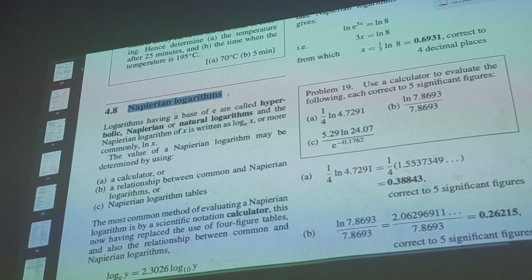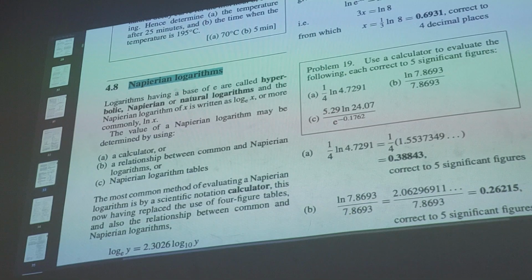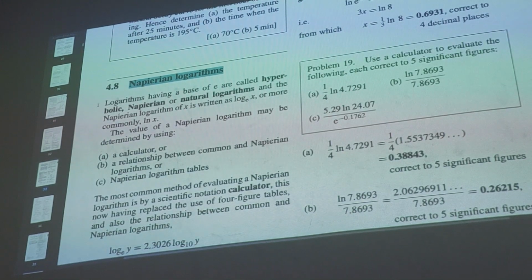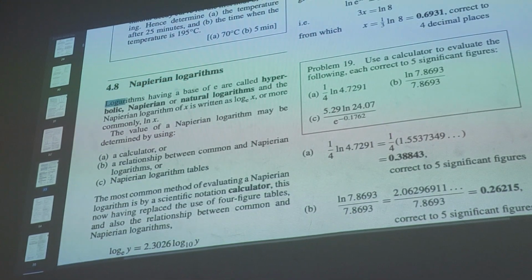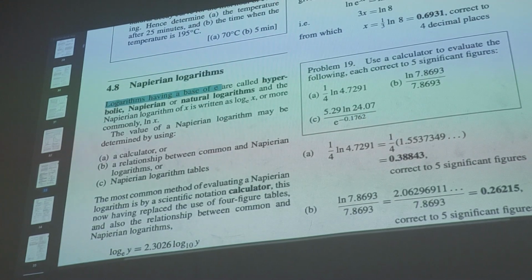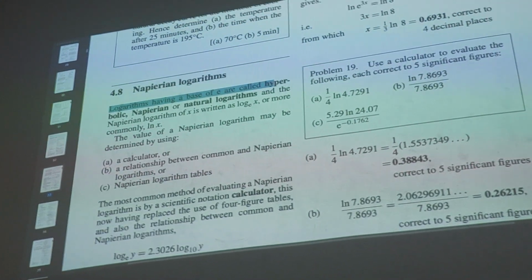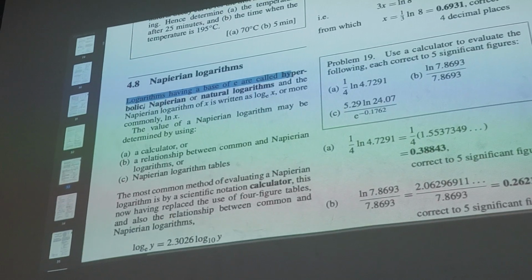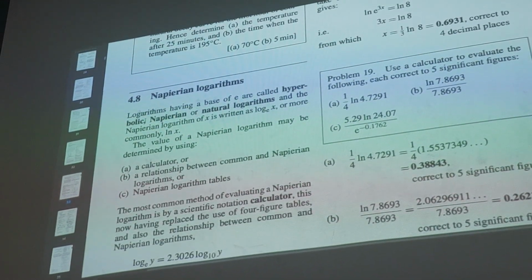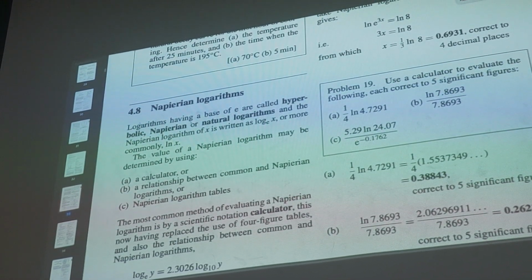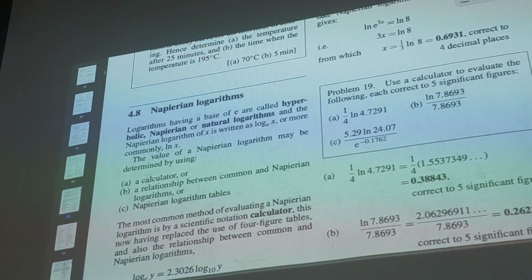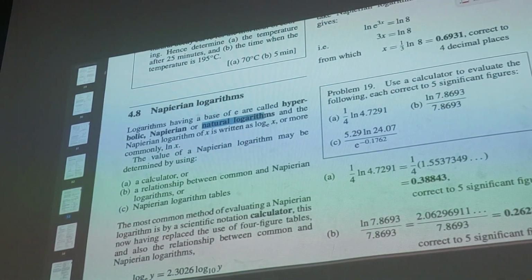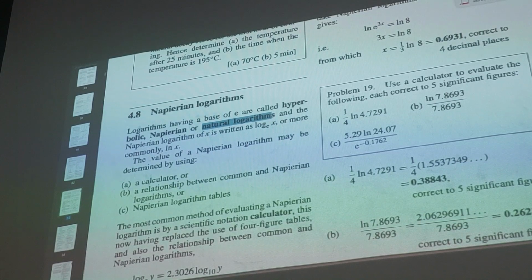The definition of Napier's logarithms is a logarithm having a base of the so-called hyperbolic shape curve. Napierian, or simply we call it the natural logarithm.